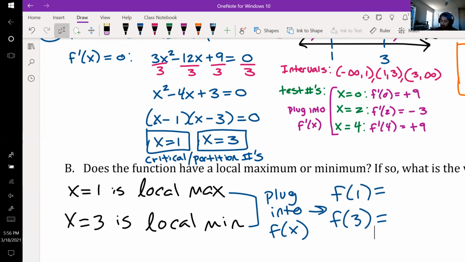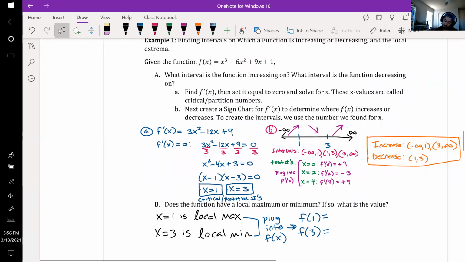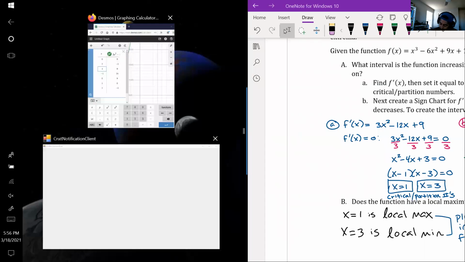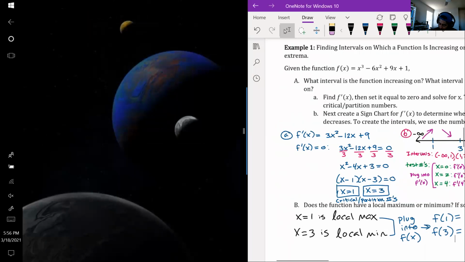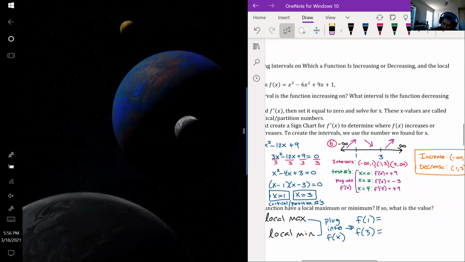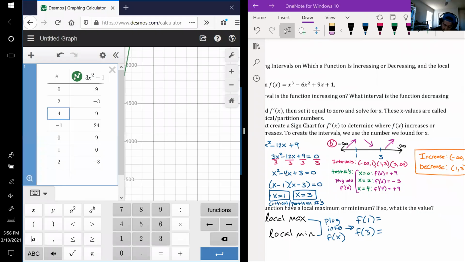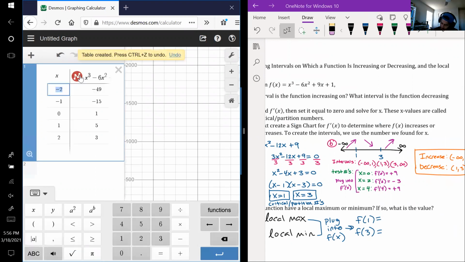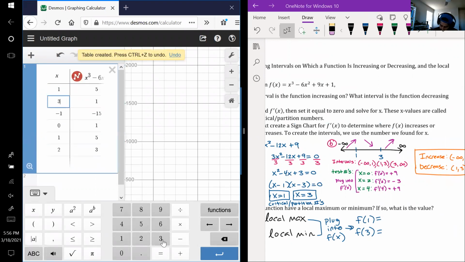Now, let's go back and look at our original function. And I'm going to type that in Desmos just to make it go faster. I'll type in x cubed minus 6x squared plus 9x plus 1, table feature, and 1 and 3.